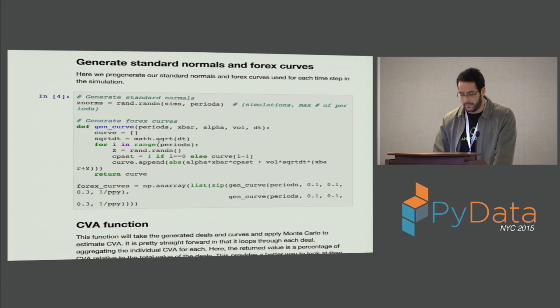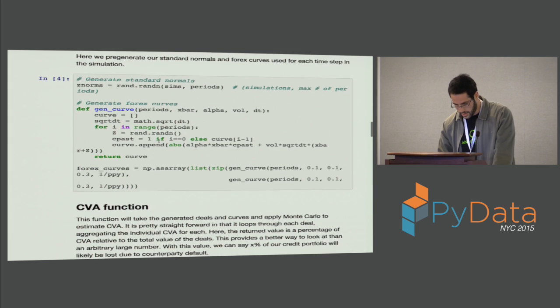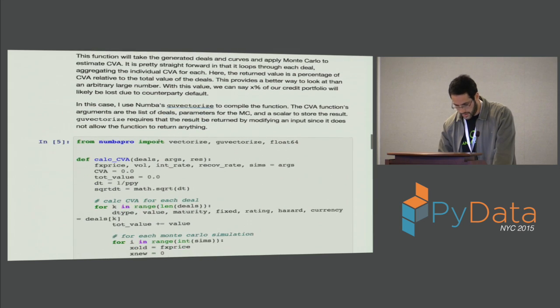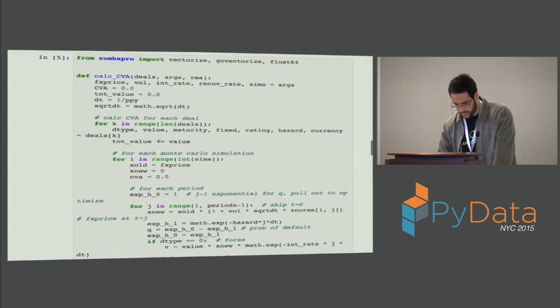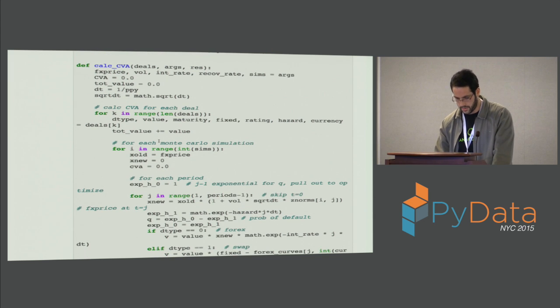Here I generate my random normal curves for doing the Monte Carlo simulation, estimating out the time steps, producing the normal steps that we're going to use to calculate the price of the instruments in each time step. And then here is the whole Monte Carlo function right here.